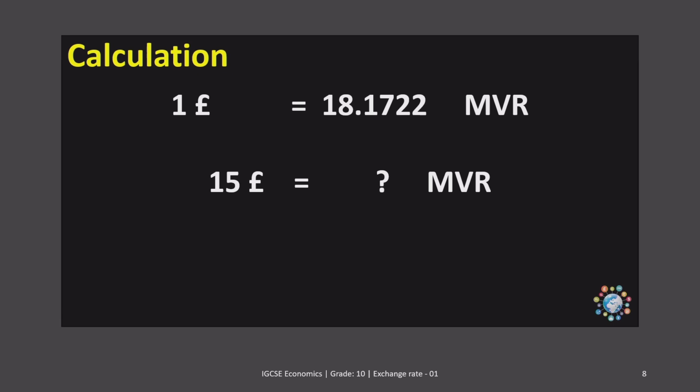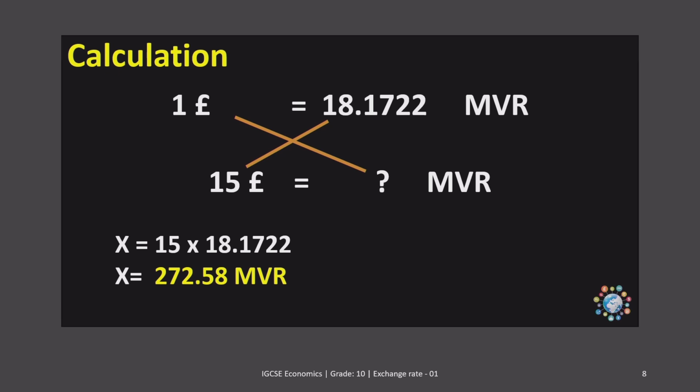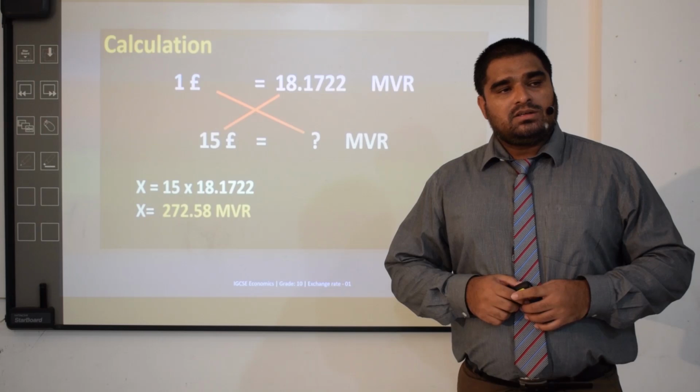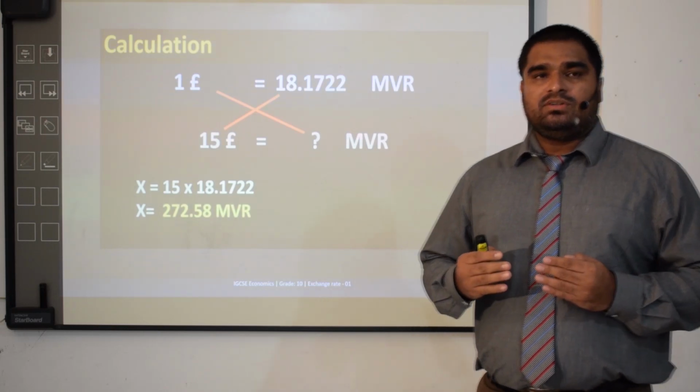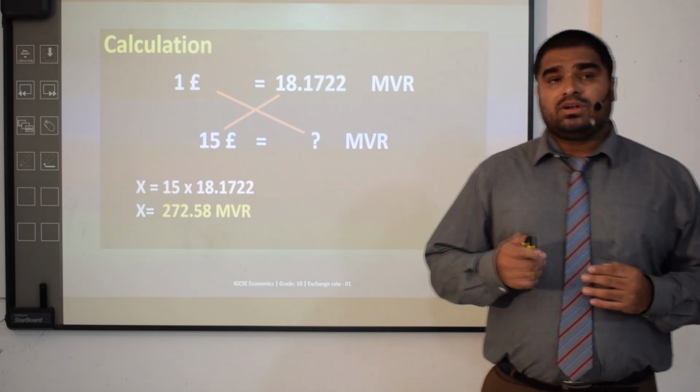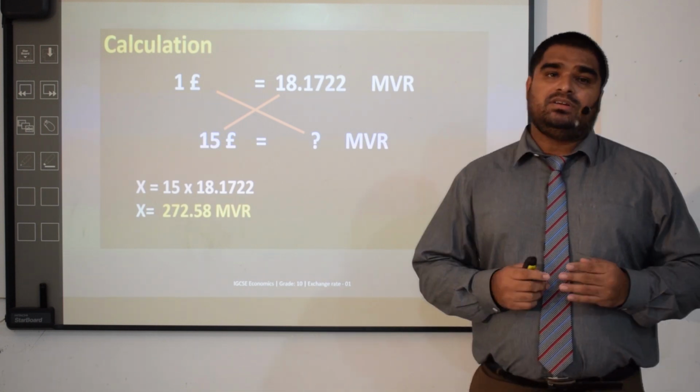You just have to do the simple mathematics of cross multiplication. So, it is equal to 15 multiplied by 18.1722, which is equal to 272.58 Maldivian rufiyaa. So if I want to buy this book in UK, I will have to spend around 272 rufiyaa.